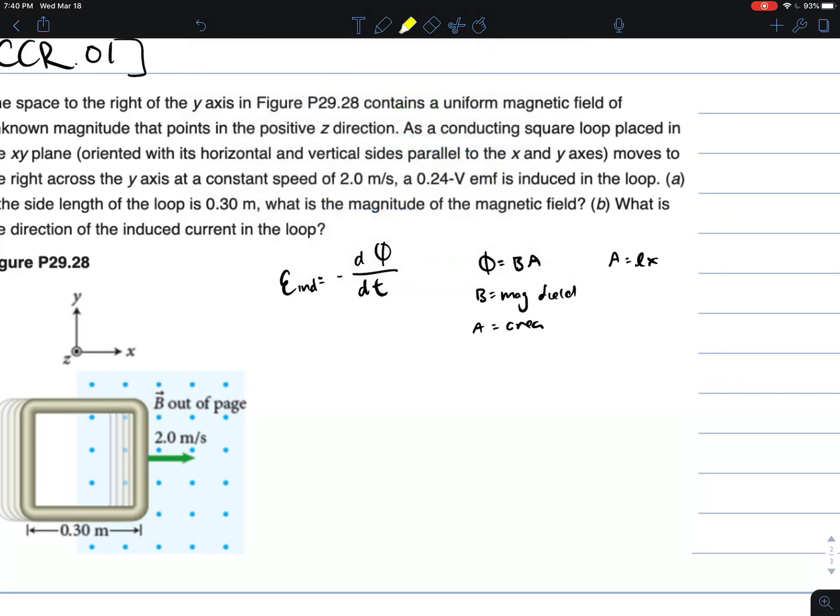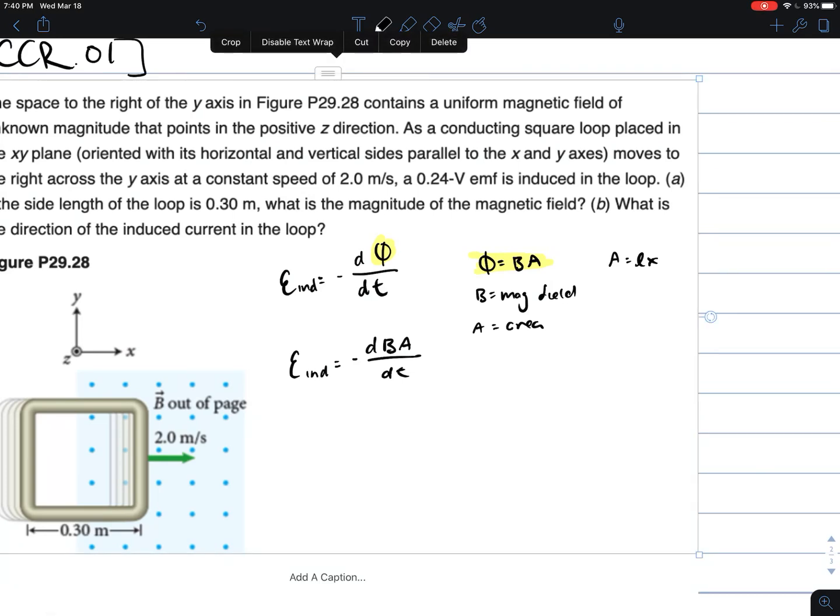So first of all, I'm going to replace this here with this equation. So I'll do that down below. It'll be E induced equals negative d(BA)/dt.